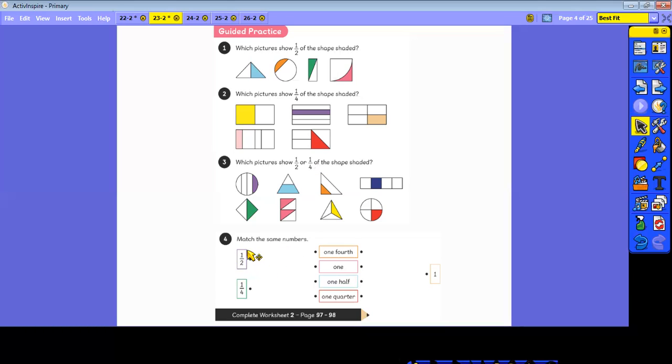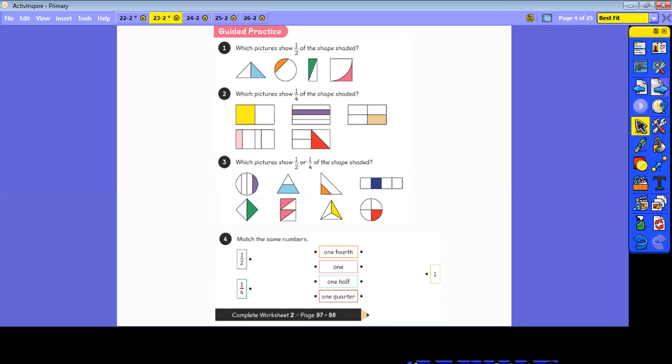So you've got the fractions here, and the fraction names here, and then you have the number 1 here, which is interesting, because it matches one of the words here. And these also match to the words here, so you can figure out question 4 carefully, matching the numbers to the words.